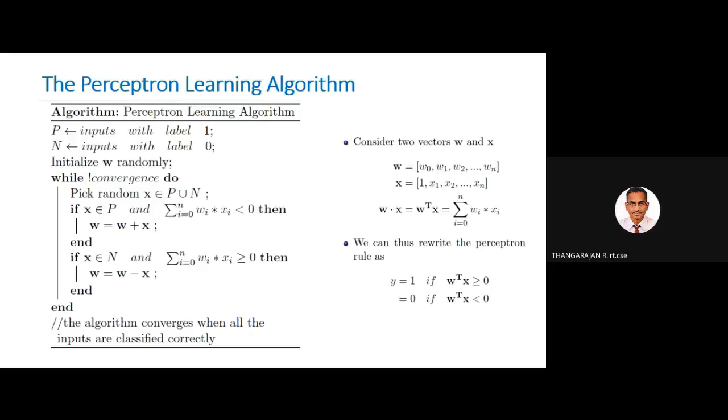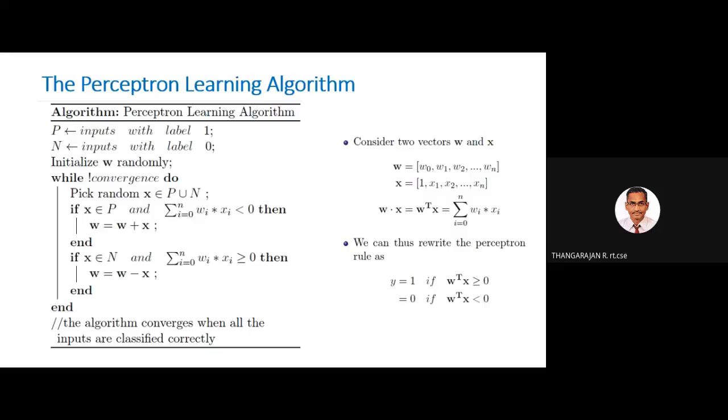Vector is actually an array. And x is also an input in which x1 to xn are inputs, and 1 is the input associated with minus theta. That is always 1. So 1, x1, x2 up to xn is your input x, and this is your weight associated with every input.